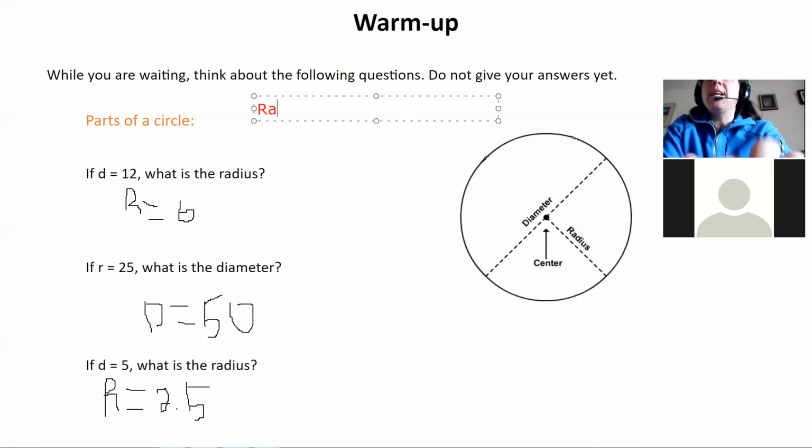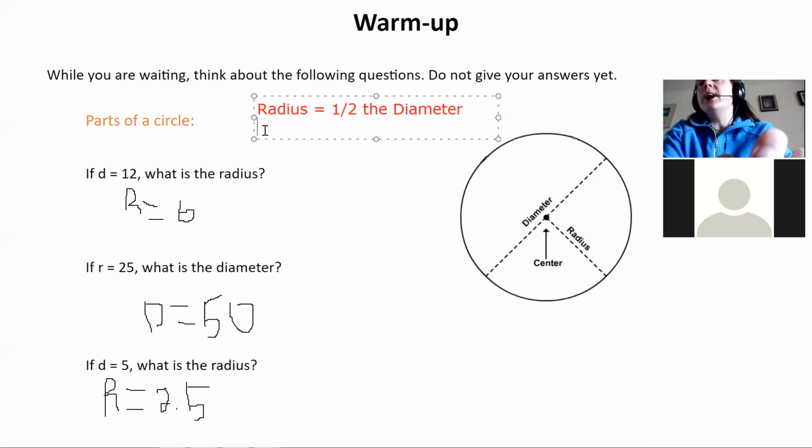I would write: radius equals 1/2 the diameter. Another way to view that is diameter is the radius times 2.